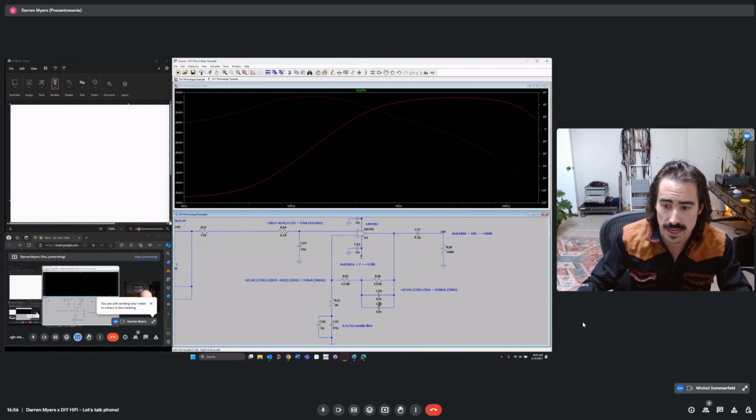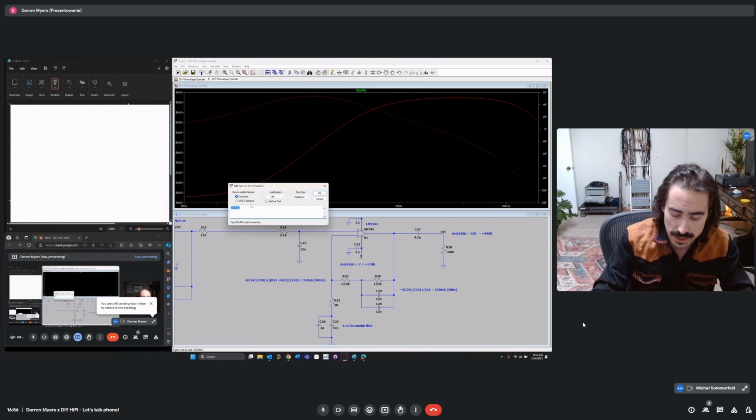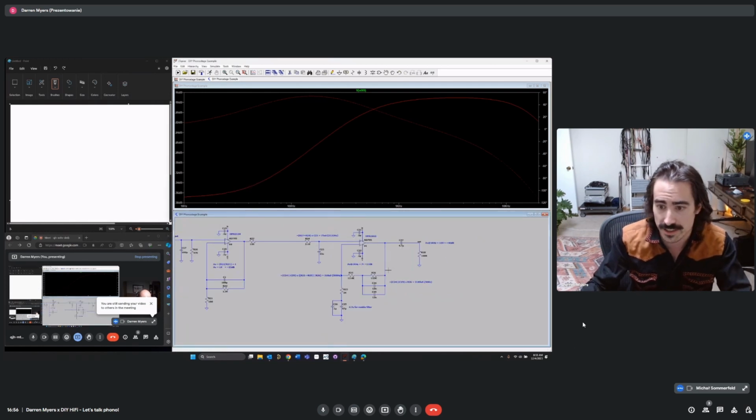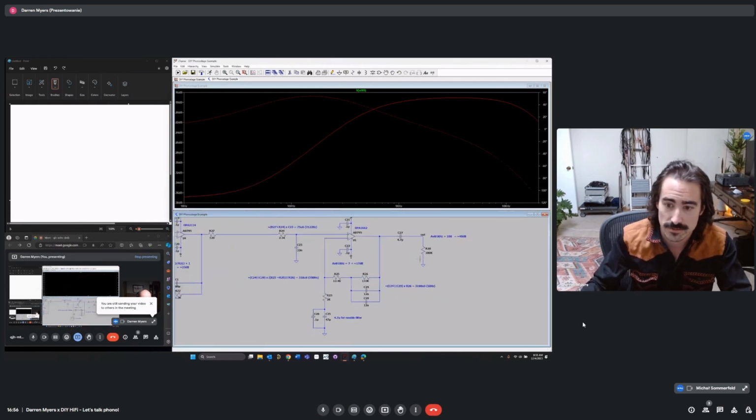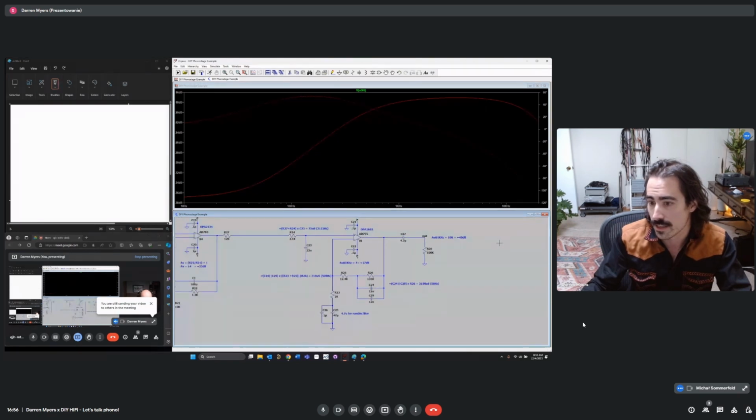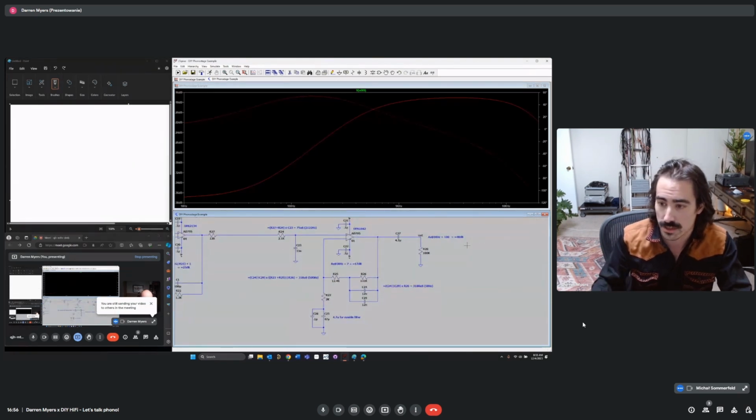This was designed around LM4562 and also OPA1662. I've measured this actual design built, and it's very accurate on the AP.